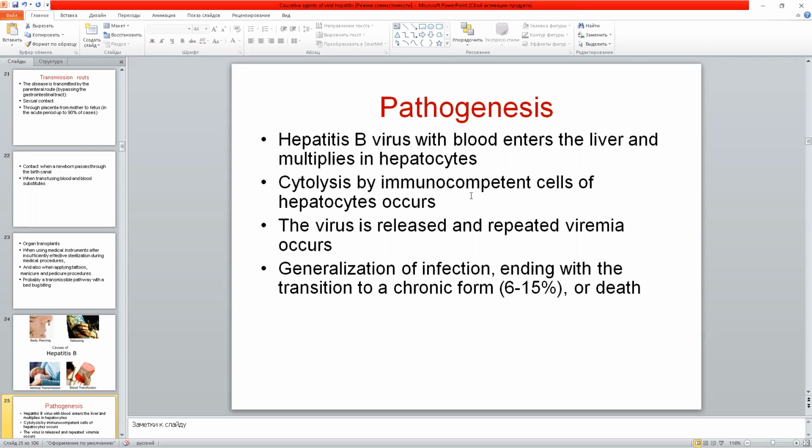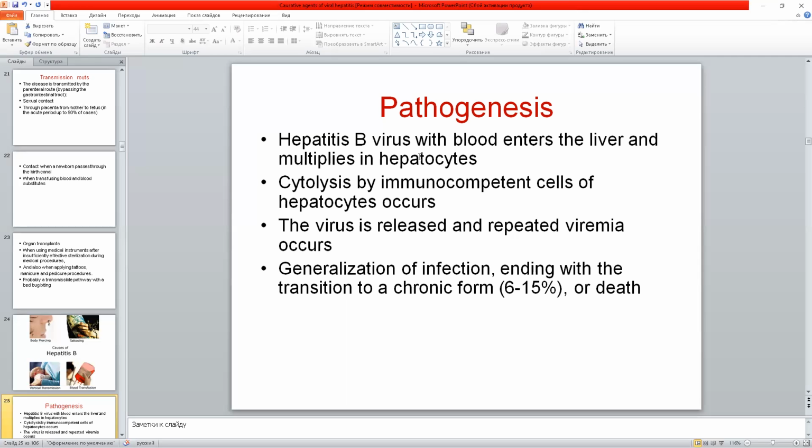And of course, it is easy to notice foreign antigens on the surface, and T helpers will send a message to other immune cells, T killers, and there are NK cells, natural killers, and they will inject cytotoxin inside the hepatocyte if it is infected. And hepatocytes are destroyed due to this normal immune response, faster than due to reproduction of hepatitis B virus.